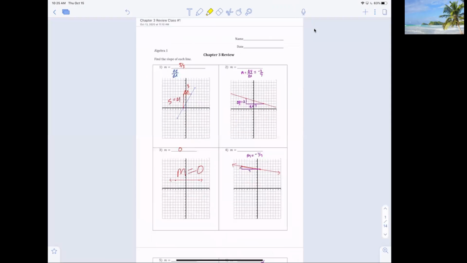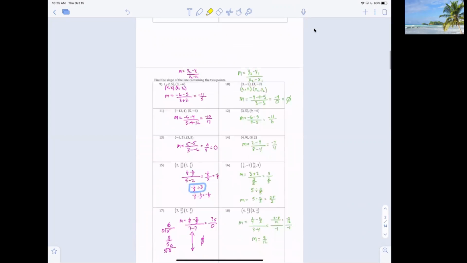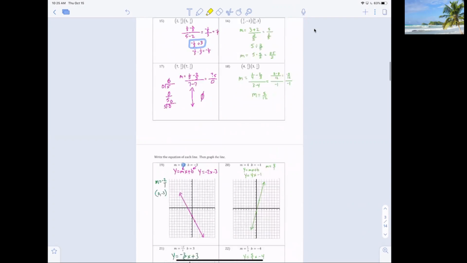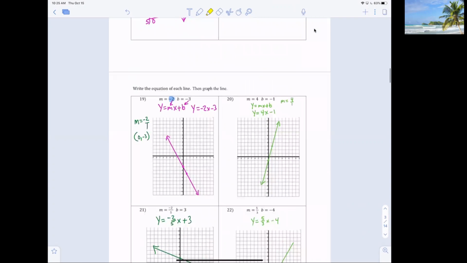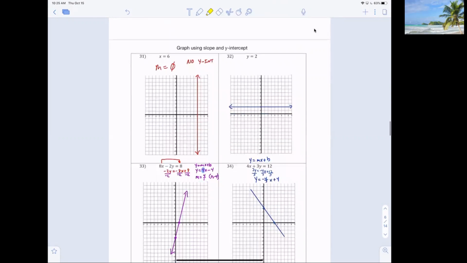The next problems are going to be write or find the slope from the given points. Exactly the same. Then you're going to write the equation. Then graph the line. Exactly the same. Then you're going to have to graph using x-intercept and y-intercept. Then you're going to have to graph using the slope and y-intercept.